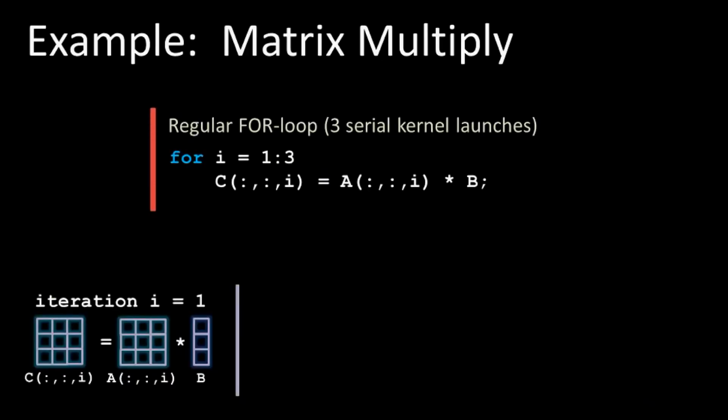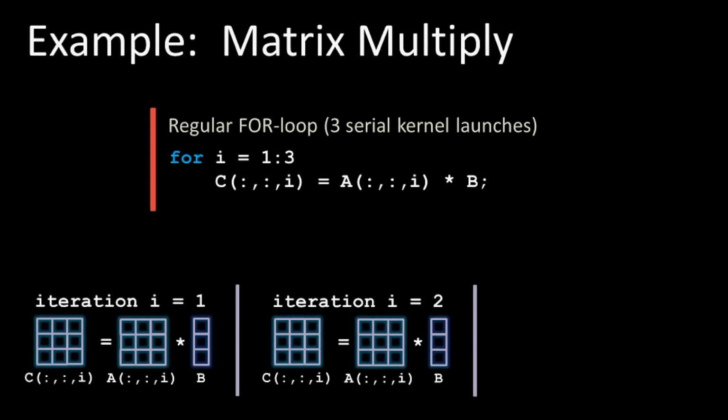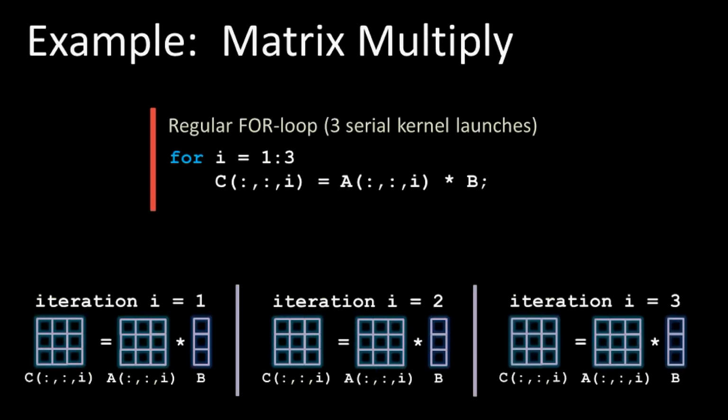And so just to spell that out, a regular for loop is going to do the first iteration. This is a simple matrix multiply example. So the first iteration is going to multiply the first slice of A by the vector B and store that in C, and so forth, iteration 2, iteration 3.